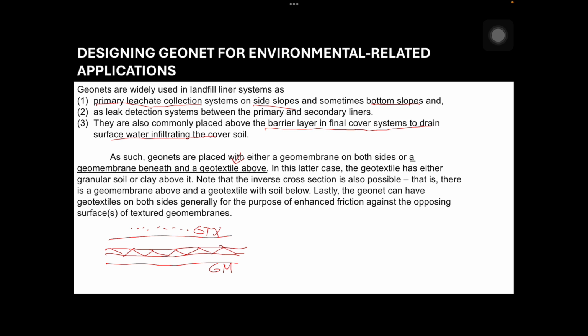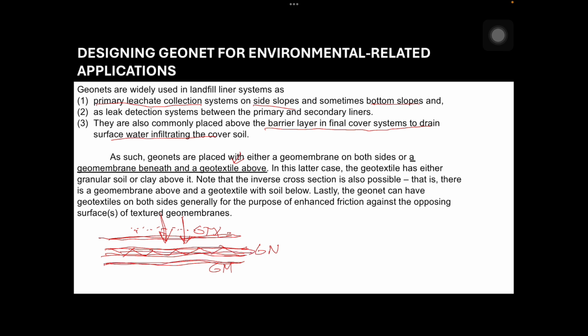So, ano pa bang masasabi natin dito? Kapag ganyan, ang setup ng geosynthetics mo, geotex ka dito, geonet ka dito, geomembrane doon, may soil ka doon, so your leachate can go through the geotex and then magda-drain siya dito sa geonet mo.